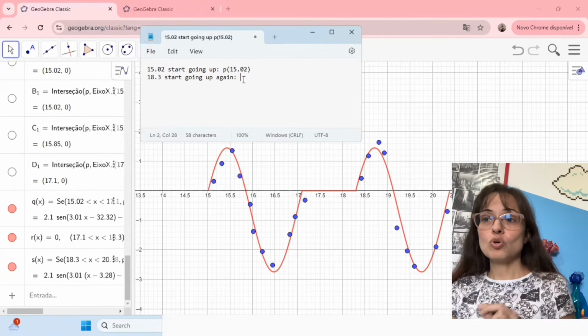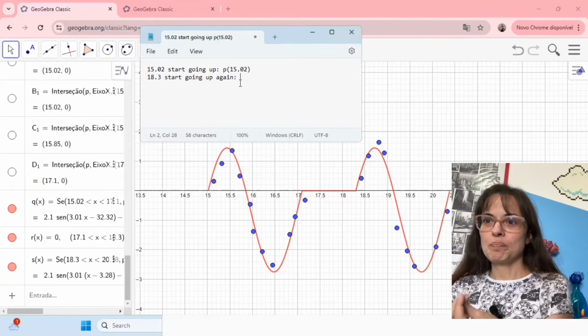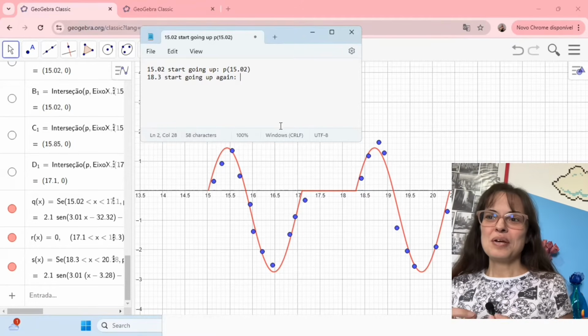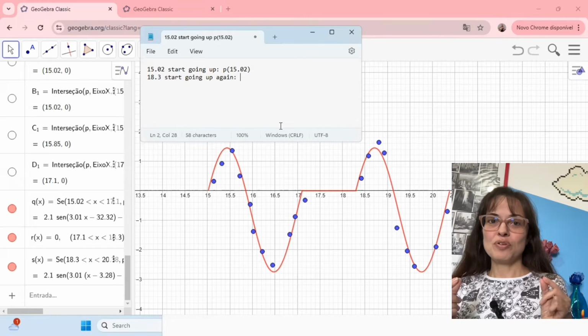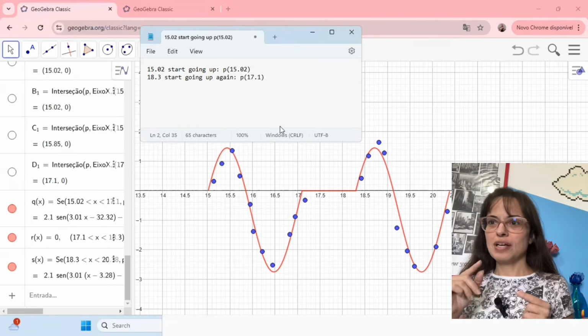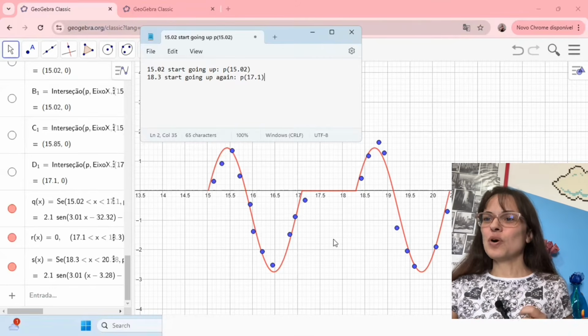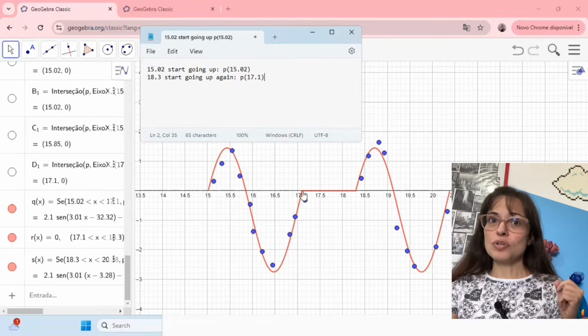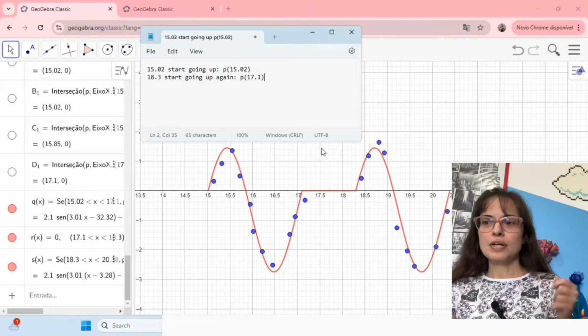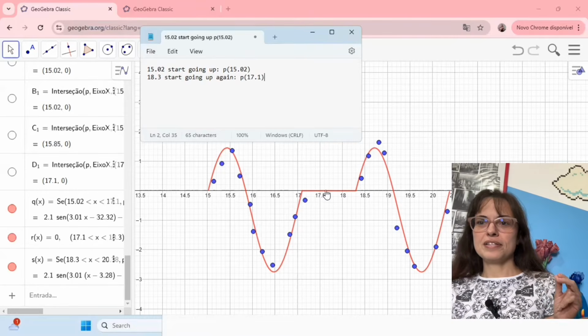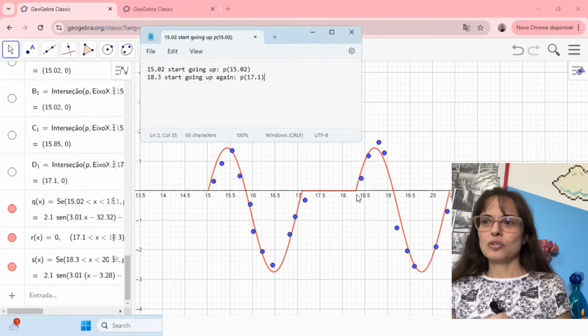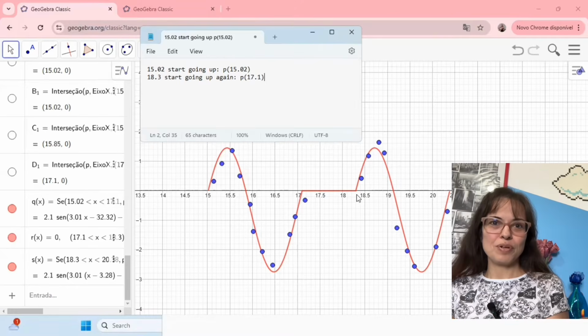But then I don't want it to look like P of 18.3 because that is not the period of P. The period of P is smaller. So I want it to look like P of 17.1, which is where it would naturally have started going up again. But I want to make it wait and then only start going up at 18.3.